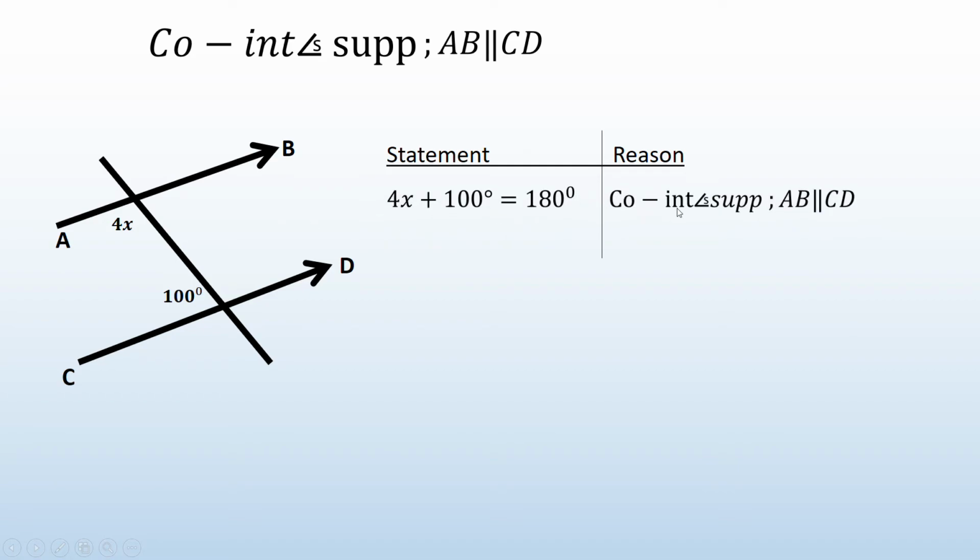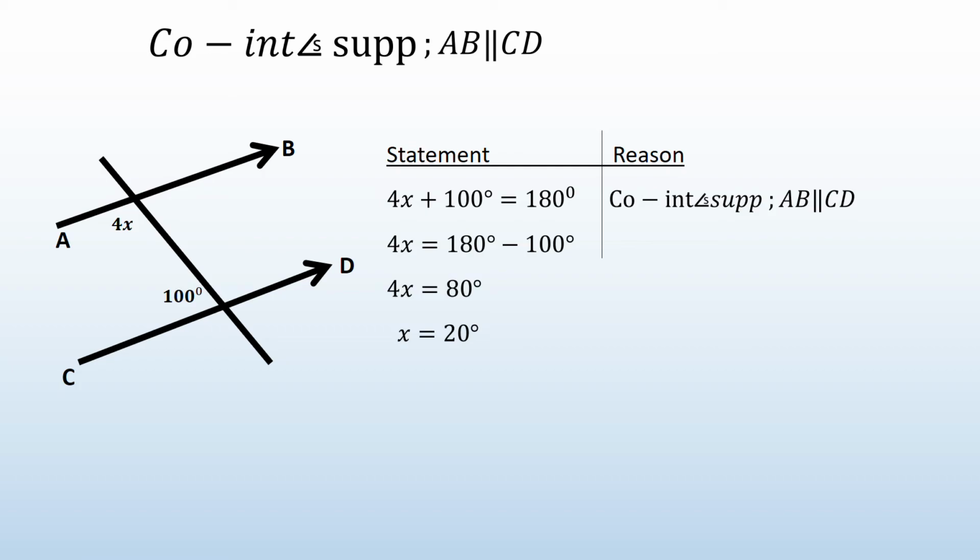Reason: co-int angles sup, and then your parallel lines. Some people don't write sup, some people say co-int angles equal 180 degrees. That's fine too. If I solve now for x, I'm going to take the 100 over and subtract it. So 180 minus 100 gives me 80. Divide through by the 4 to get x alone, and you're going to get x is equal to 20.